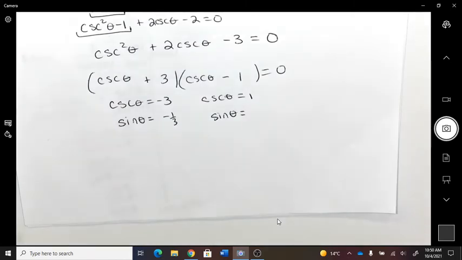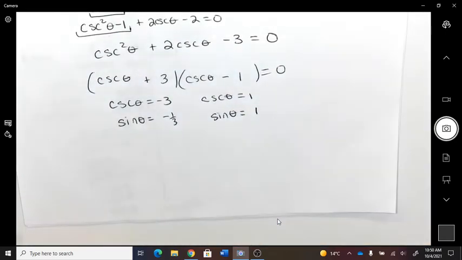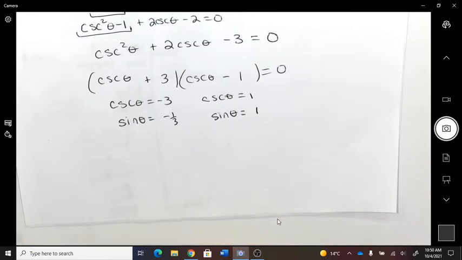And what's the reciprocal of 1? Still 1. That doesn't change, right? Do we have any no solutions? Or are they all going to work? They're all going to work.